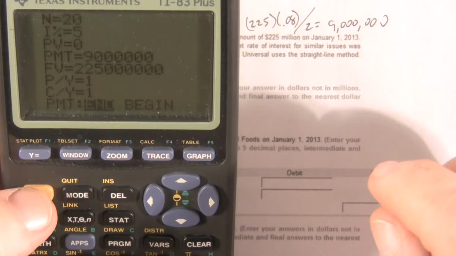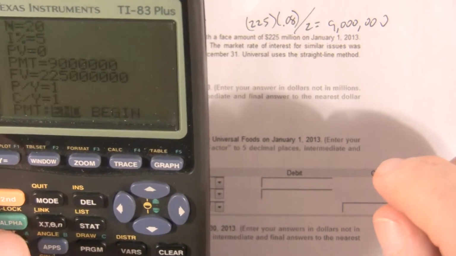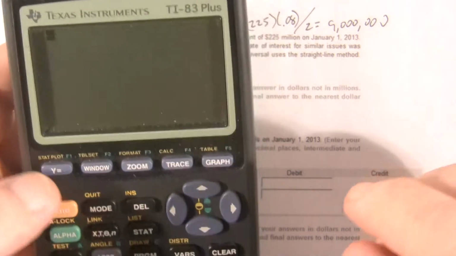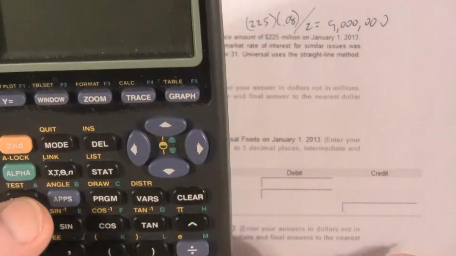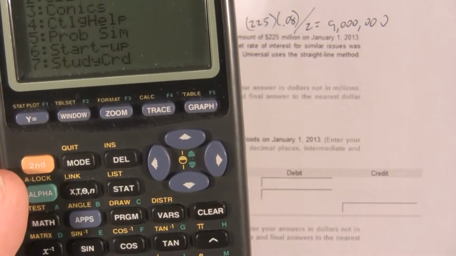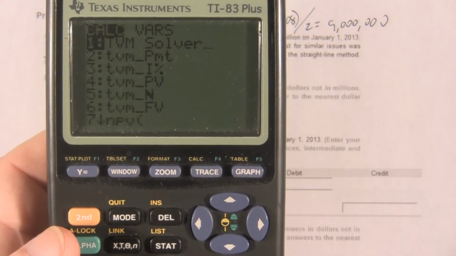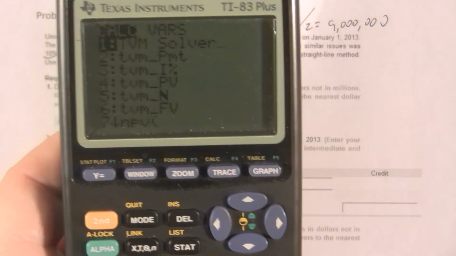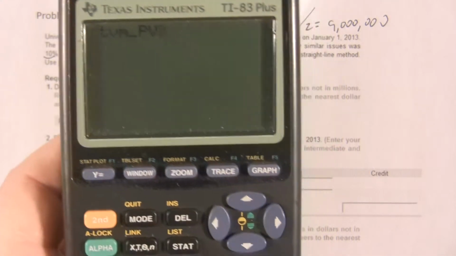Okay, second mode, quit. Apps, finance, we want present value, that's option 4.